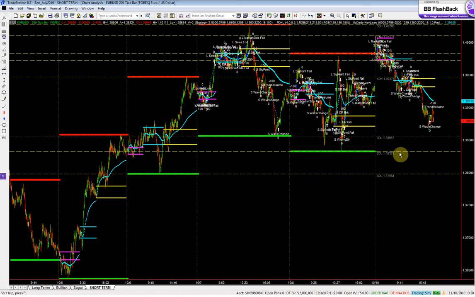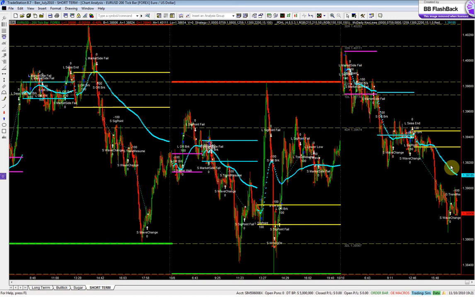Our short point is 138.32, and our long point is 139.47 or 139.83. Okay, the 83 is the 2-day high. The 139.47 is basically the 4-day high, and it coincides with the top of the opening range of the US session.